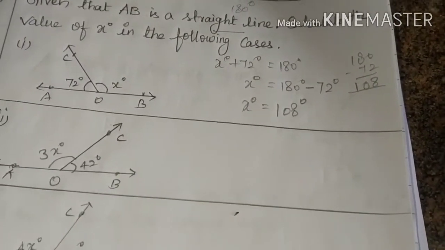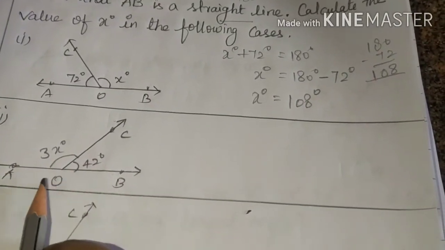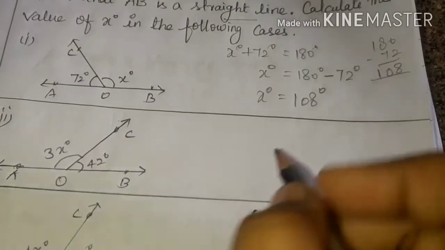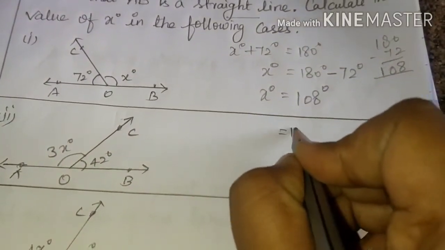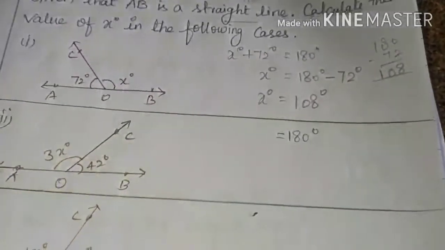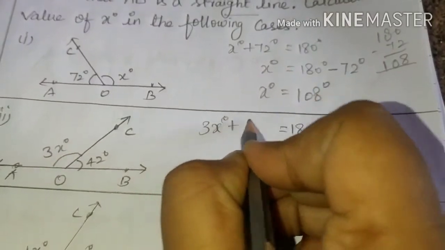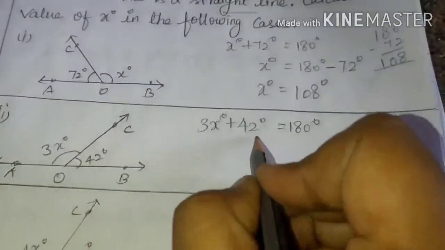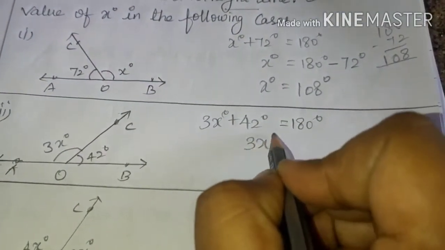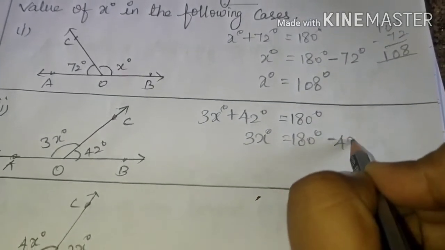So next is the same as this one. Look at this, children. Again the straight line, so you take it as 180 degrees. You have to add 3x degrees plus 42 degrees. Children, you keep this 3x degrees on this side, so 180 degrees minus 42 degrees.